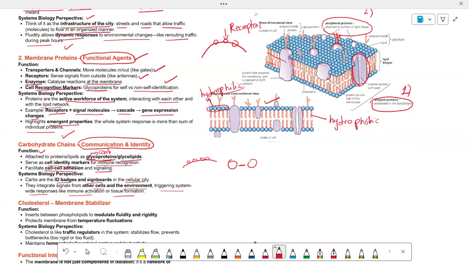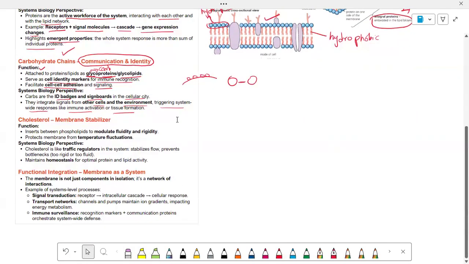The next one is cholesterol. Let's see how it works. The main function of cholesterol is as a membrane stabilizer. Whenever the temperature goes up or down, it stabilizes the membrane according to temperature.